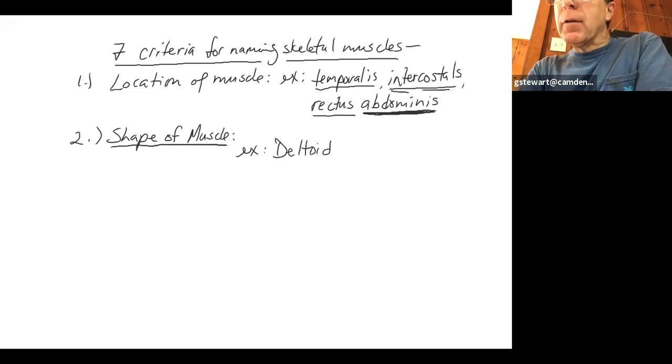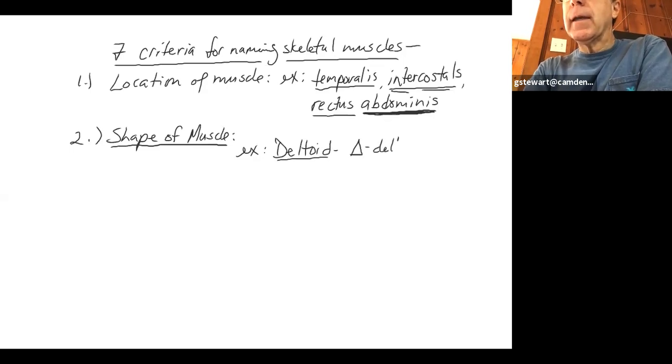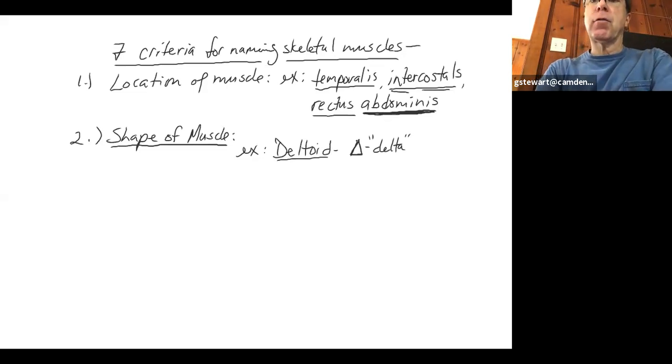These muscles were named a long time ago, but delta in the Greek alphabet, guess what, is a triangle. And that muscle, the deltoid muscle, is triangular shaped. So it gets its name from the Greek letter delta, which is a triangle. So the deltoid that runs over your shoulder is triangular shaped.